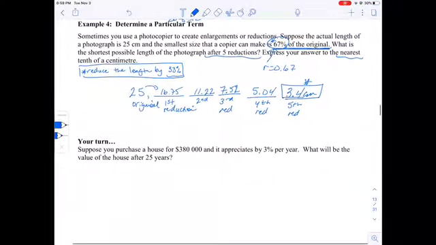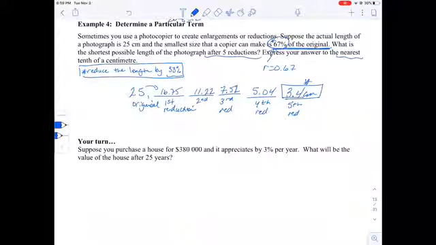Now, sometimes students say, well, what would be a formula for this? Well, we'd have to notice that our first term is actually the 25. So even though our first reduction is 16.75, our first term in this sequence, our T1 would be 25. Our first reduction is actually T2. Our second reduction would actually be T3.